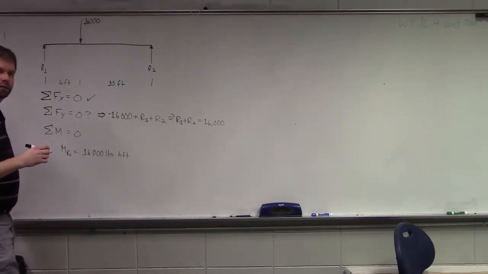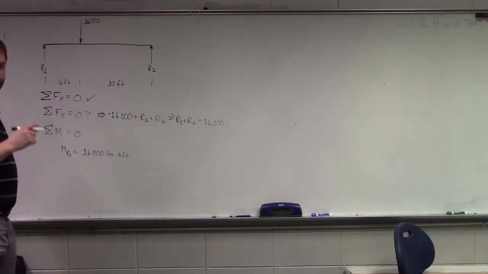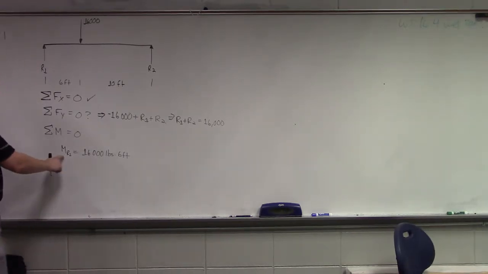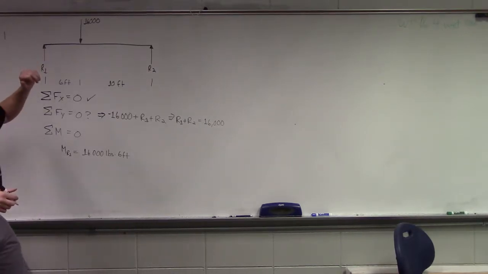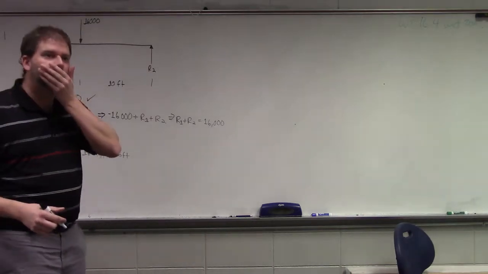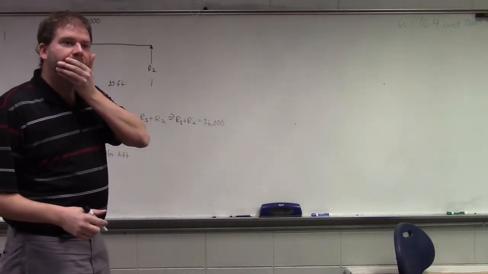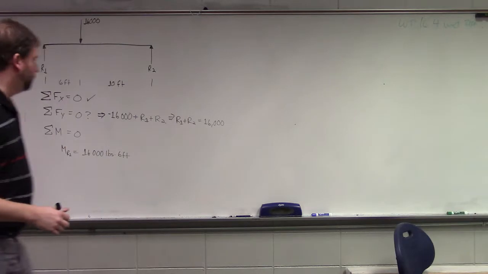If you do R1 equals 16,000 We're not doing times R1 equals though. We're looking at the moment about R1. I'm trying to follow you. What's the difference between the two? Between R1 equals and the moment about R1 equals?